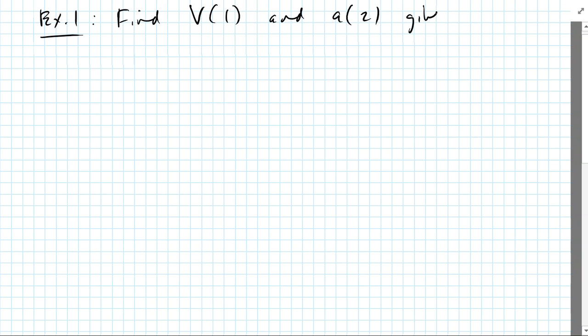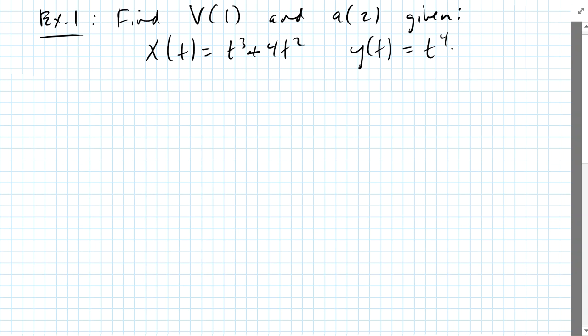Okay, so here we go. This is our first example, Example 1. Find velocity at time 1 and acceleration at time 2 given the following. You are given that x of t is equal to t cubed plus 4t squared, and your y of t, your y component, is equal to t to the 4th minus t cubed.